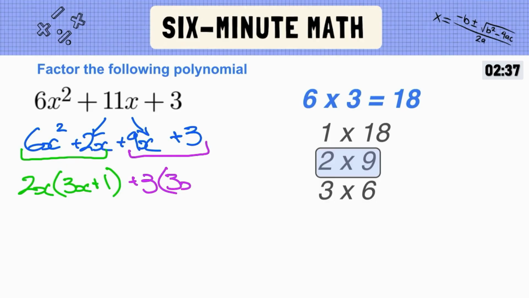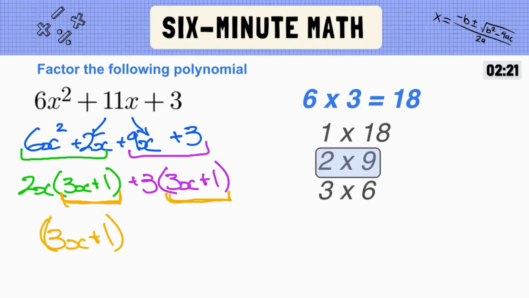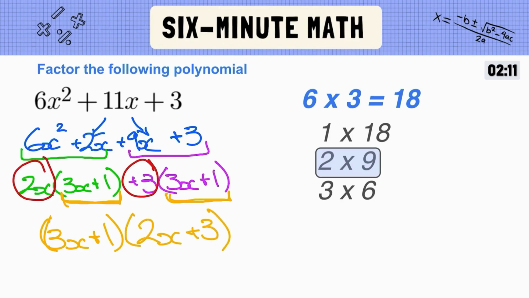I have a 3x plus 1 remaining. And then I have this common binomial. So I know one of my factors is 3x plus 1. And my last binomial is going to be my remaining 2x plus 3.